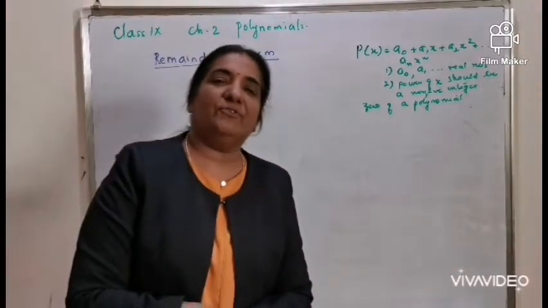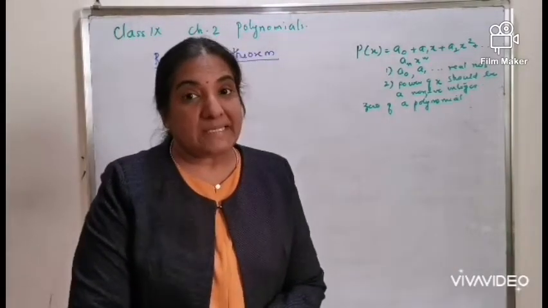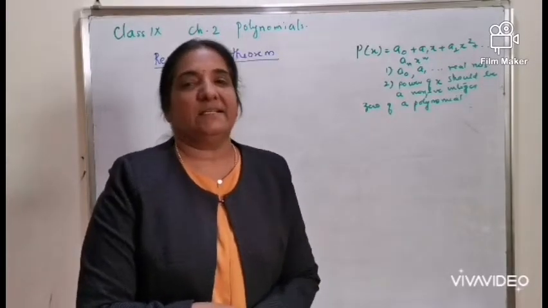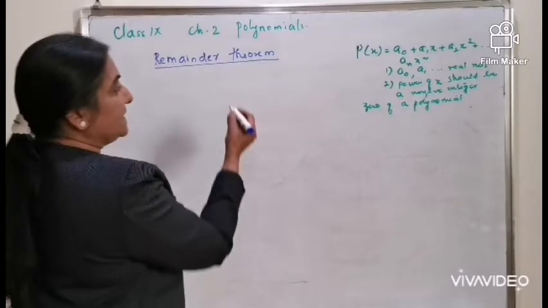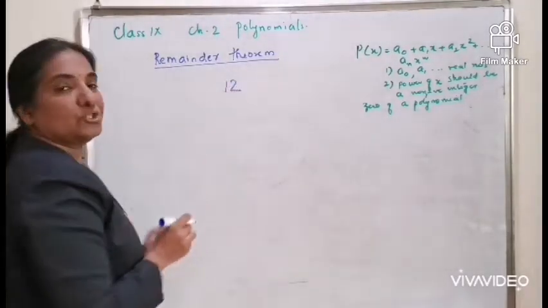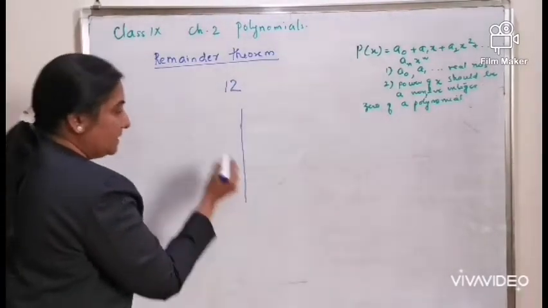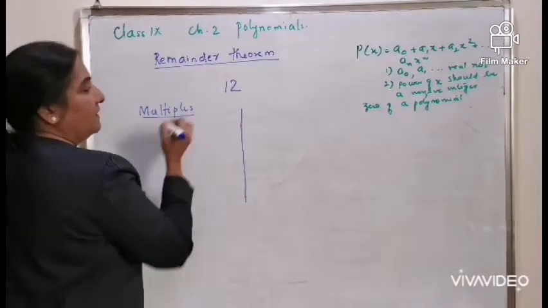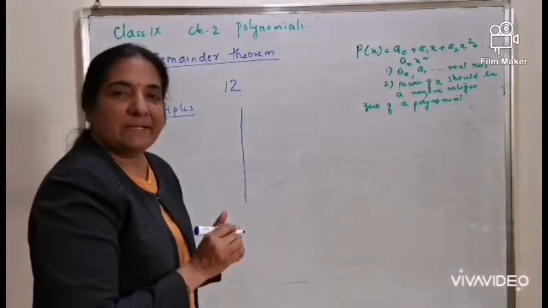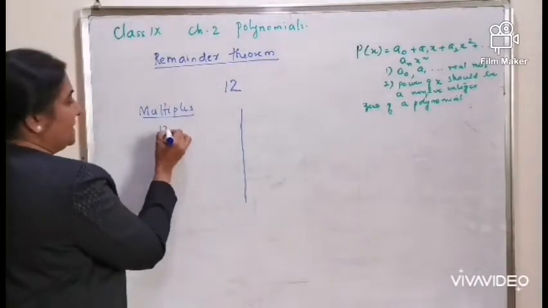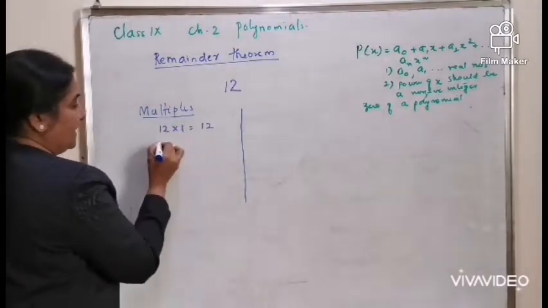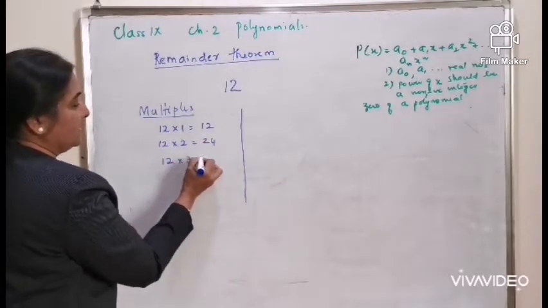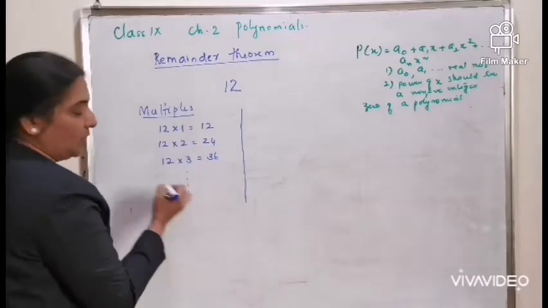Let's take a quick review of multiples and factors in the arithmetic system. Consider the number 12. What are the multiples of 12? How do you calculate them? 12 ones are 12, 12 twos are 24, 12 threes are 36 and so on.